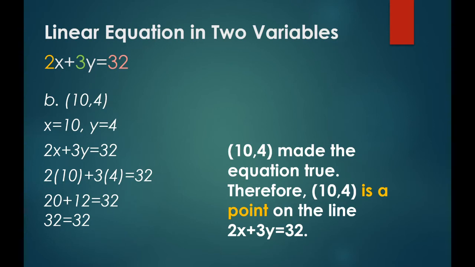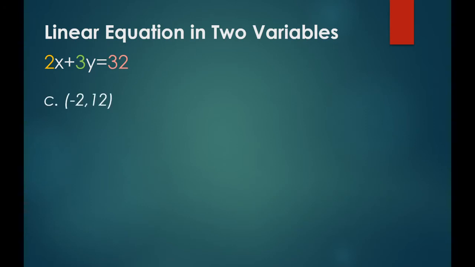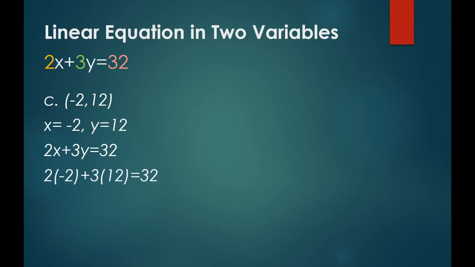Yung C kaya, yung pangatlong point. Negative 2, 12. So, ang x natin ay negative 2, ang y ay 12. 2x plus 3y equals 32. Let's substitute negative 2 to x. And let's substitute 12 to y. It became 2 times negative 2 plus 3 times 12 equals 32. 2 times negative 2, negative 4. 3 times 12, 36.